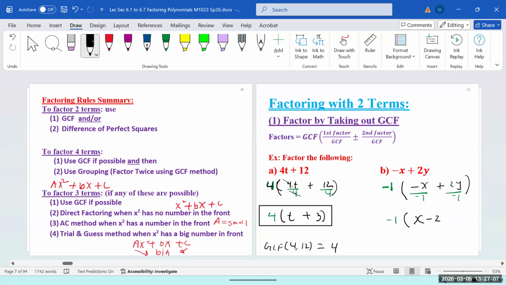Negative 2y. And that's all we are going to do when you have nothing in common. If we had only x plus 2y, we don't have to take any factor, or if you want, you could take out 1 as a common factor, you get the same thing. But because we have a negative to start with, we factored out the negative, and as a result we have something different from what is given to us. We just keep it.